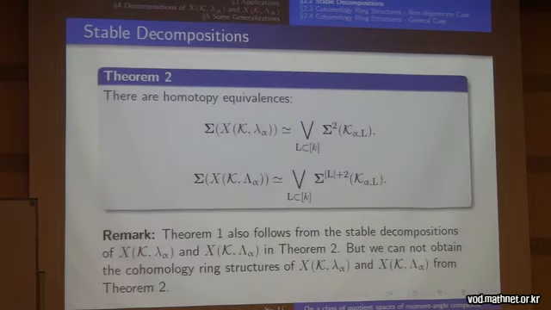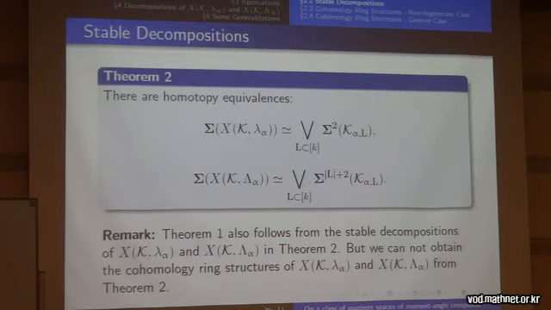And in addition, we have a similar stable decomposition of these spaces. The suspension of X_K lambda alpha is the wedge of double suspensions of K alpha L, and similarly we have this homotopy equivalence between the suspension of X_K capital lambda alpha and this wedge.